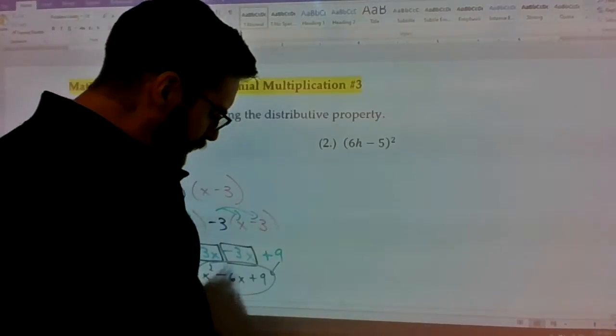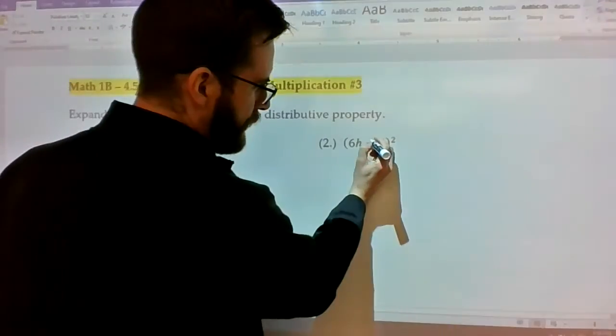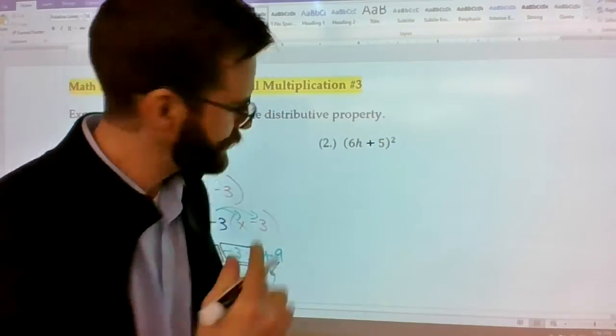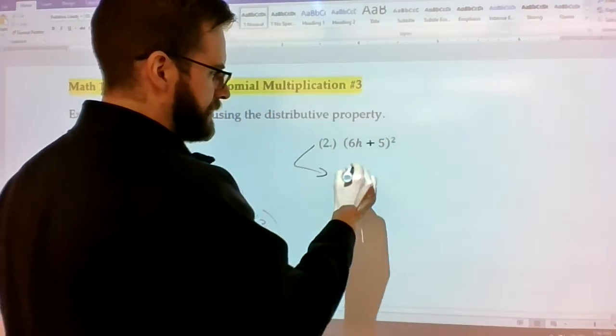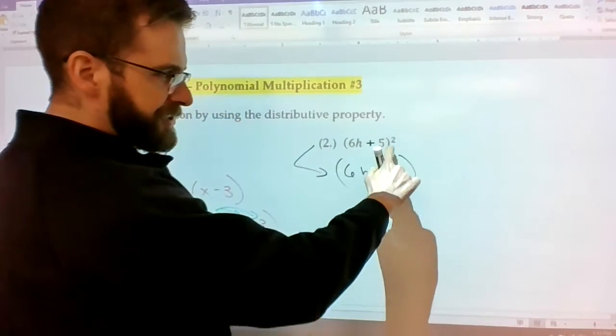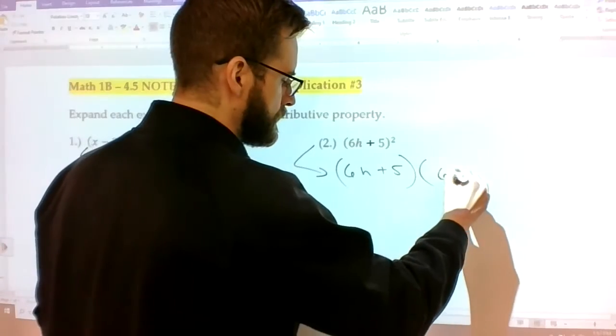Let's try again here. By the way, I'm going to switch this to a plus. I'll make sure I switch it on the document before I post it on YouTube. So 6h plus 5 is going to be rewritten twice.